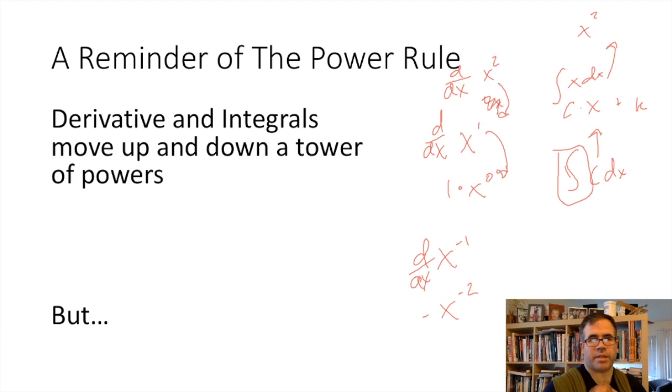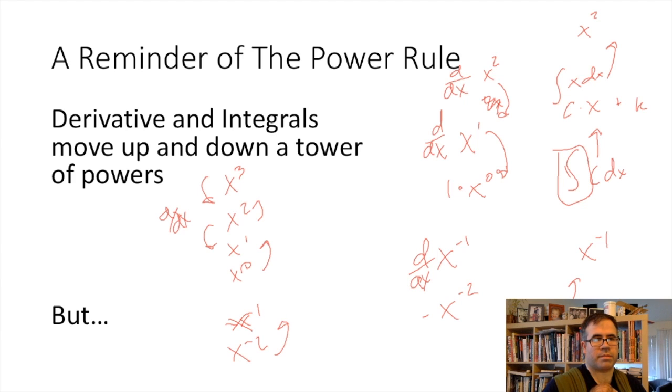Same thing down here: if you take the integral of x to the negative second, you end up with some term times x to the negative first. So you have this order: x to the third, x squared, x to the first, x to 0, x to the negative 1, x to the negative second. You go down the tower with derivatives, and you go up the tower with integrals.